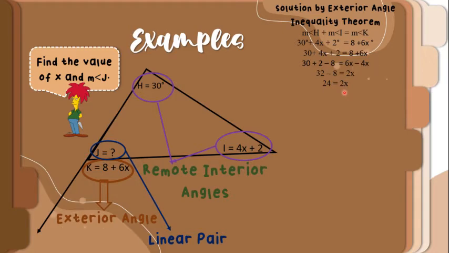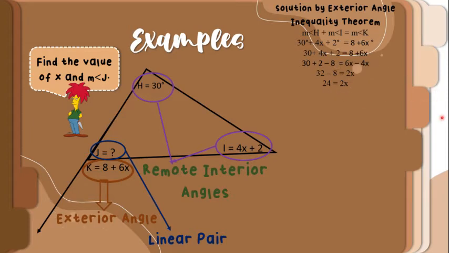Now, in getting rid of the 2 or the numerical coefficient, we are going to use the division property of equality. We are going to divide both sides by 2 as it is the numerical coefficient.